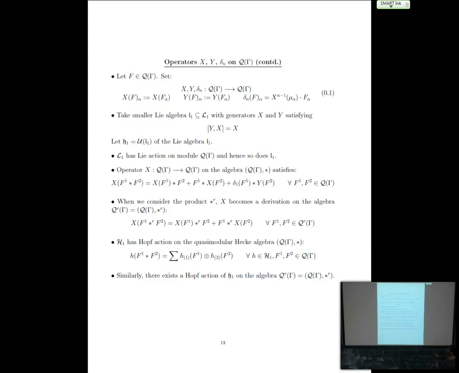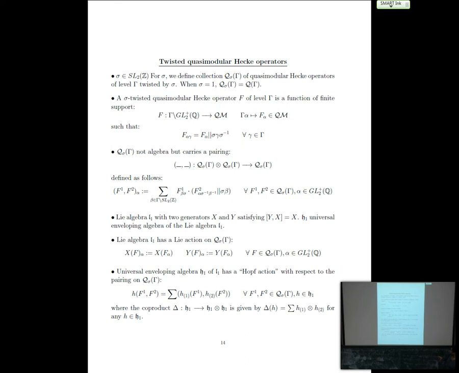That is, H(f1 f2) is h1 f1 times h2 f2, and in this case, instead of a product, you just have a pairing. So you just have a comma over there instead of a star, and the coproduct is given by this. So we have this action.